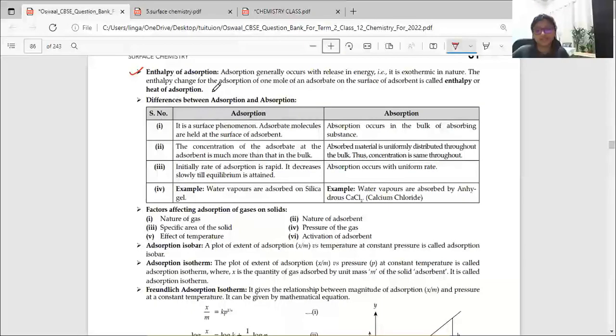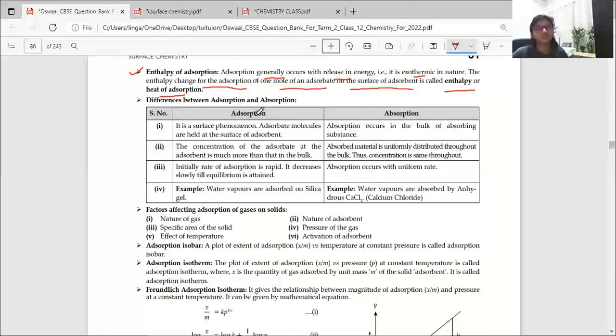Now, enthalpy of adsorption. Adsorption generally occurs with release of energy, that means it is exothermic in nature. The enthalpy change for the adsorption of 1 mole of an adsorbate on the surface of an adsorbent is called the enthalpy or heat of adsorption. Whenever we give some statement, we have to take a fixed amount. If you take more amount, more energy is released.